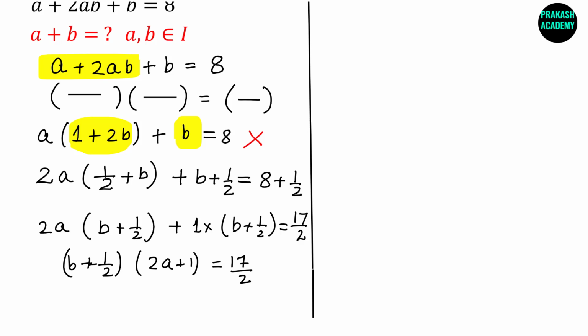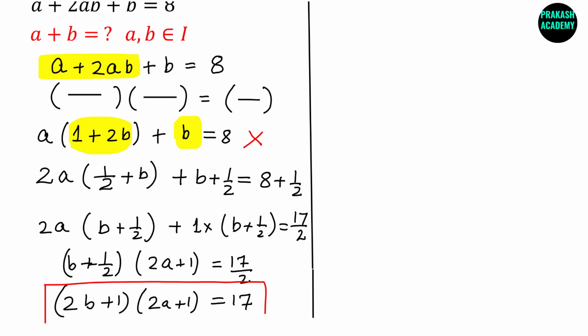Now take 2 to this side, so this will be (2b + 1)(2a + 1) = 17. So this is the expression that we will have, the simplified expression.